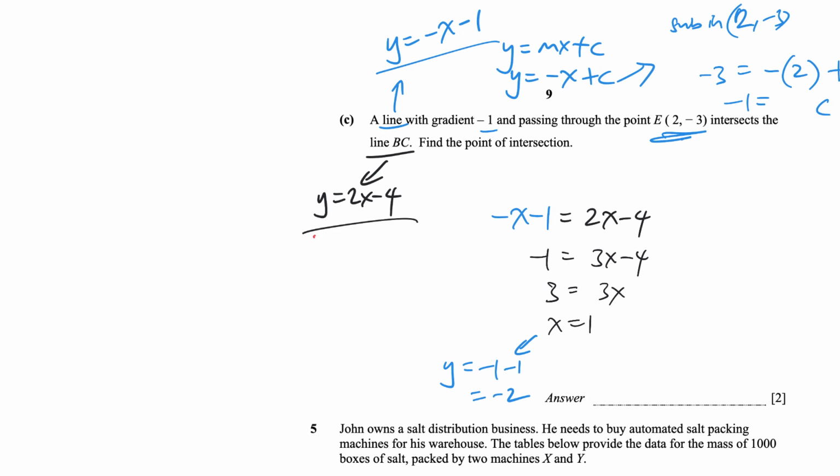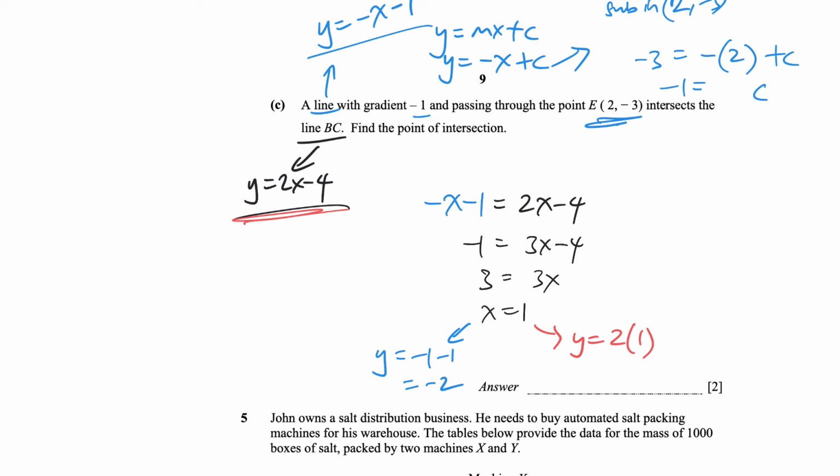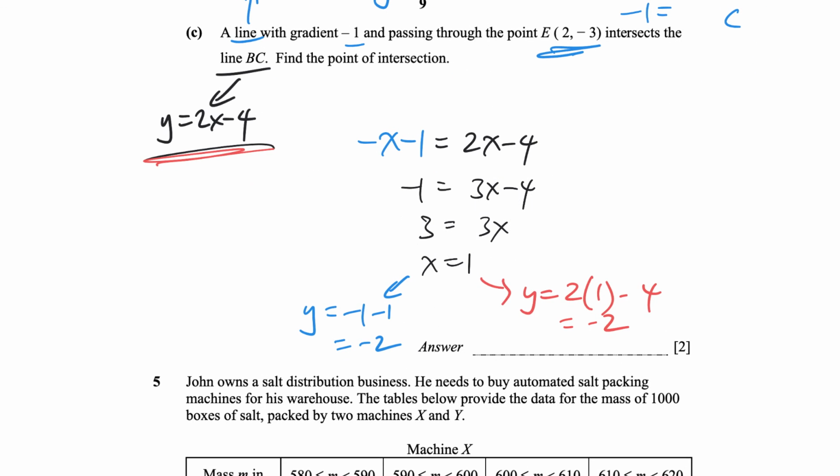Or for this one, y equals 2 minus 4, also -2. Both will give you the same answer because it's the point of intersection. So the same point will satisfy both equations. So x is 1, y is -2. That's your point.